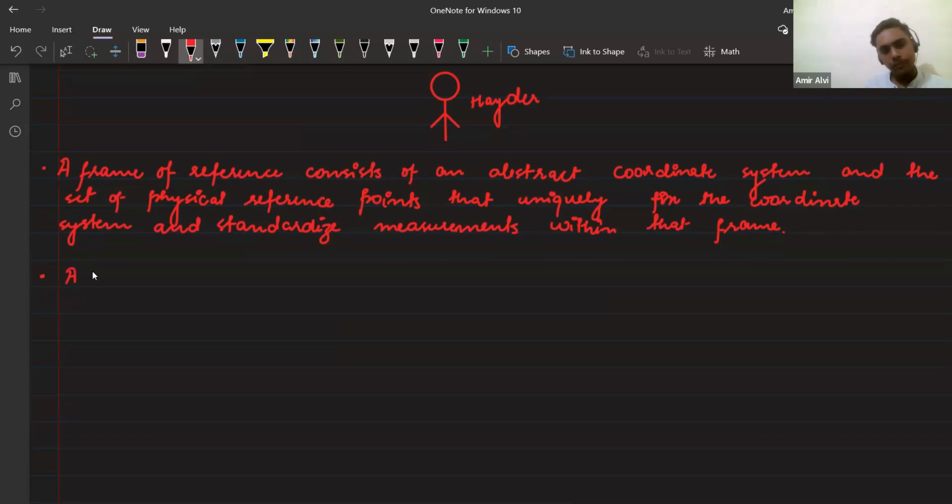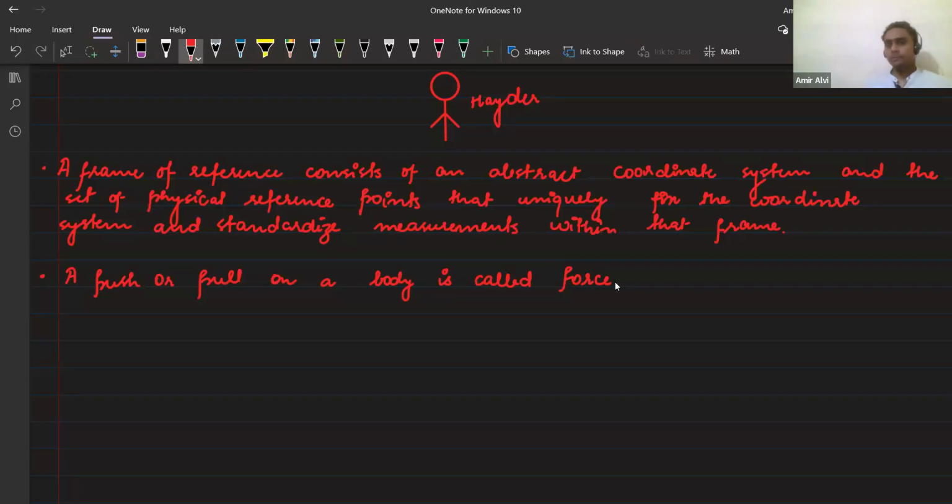So a push or pull on a body is called force.